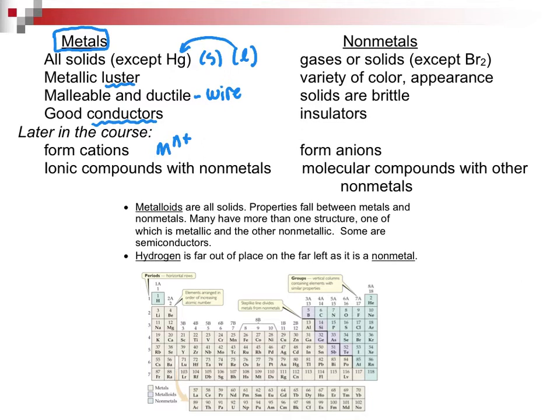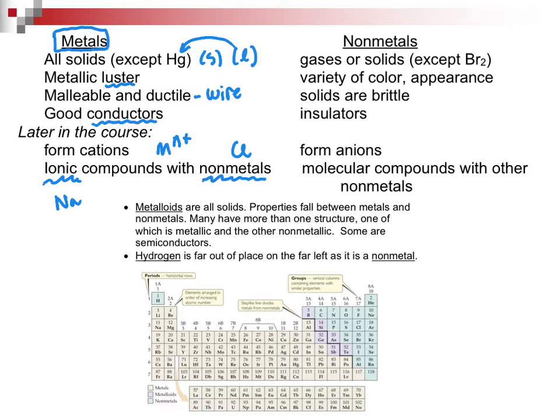And metals form ionic compounds. I said sodium chloride, calcium chloride. The sodium and calcium were the metals, and the chloride was the nonmetal ion. Again, that's what we're teaching you here. If you don't know this, this is not time to panic, okay?